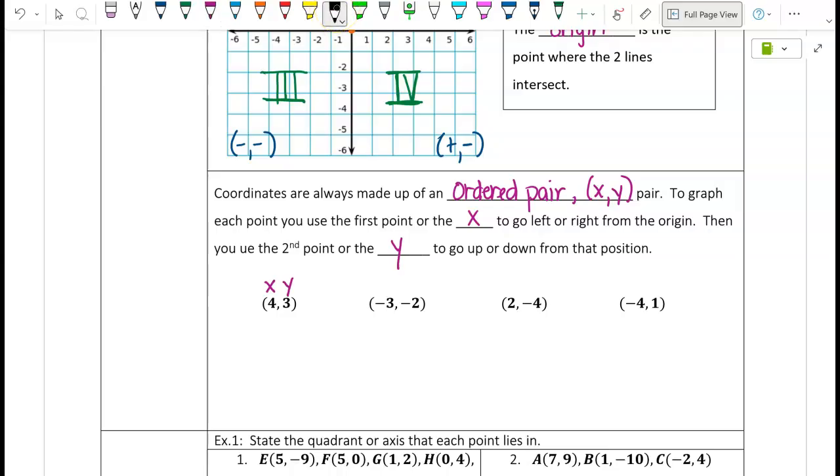So the first number again tells me left or right. So this says to go 4 right, then 3 up. Positive, that's going to end up in that first quadrant.